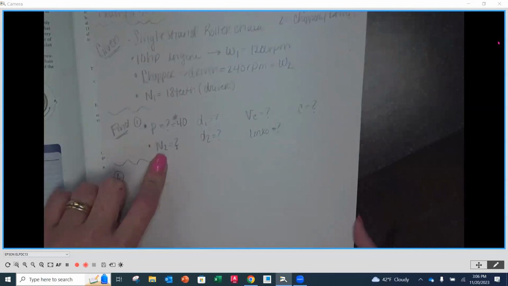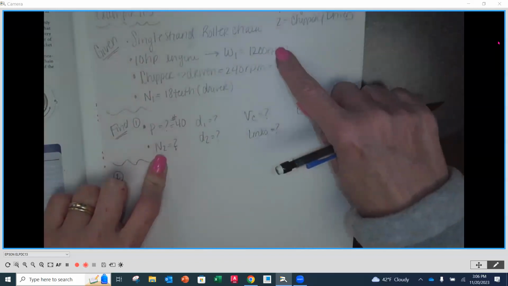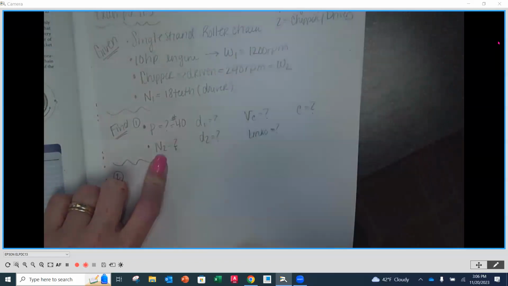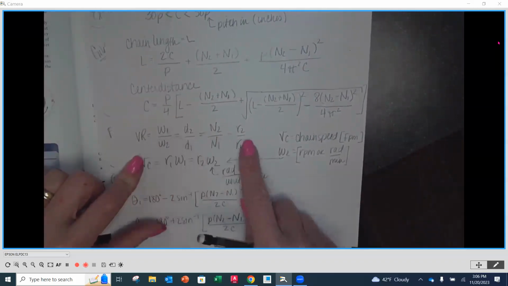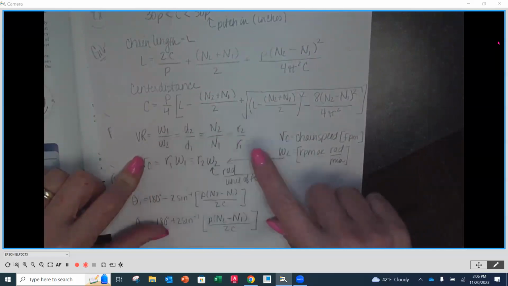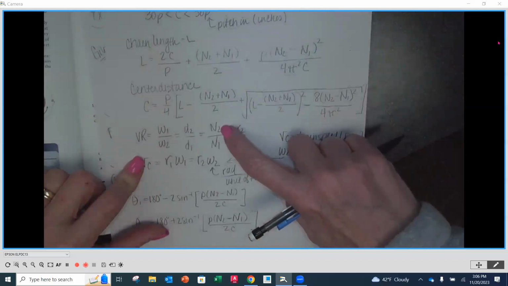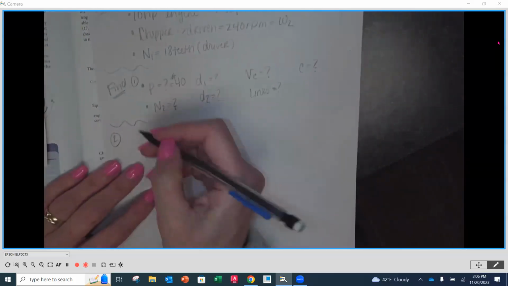And we also know that we have W1 and W2 from 1200 RPMs to 240. So using the velocity ratio relationship here, we have W1 and W2. We have the number of teeth in number 1, so we need to calculate for number 2. So we can set those two equal to each other and solve for N2. So that's what we'll do.